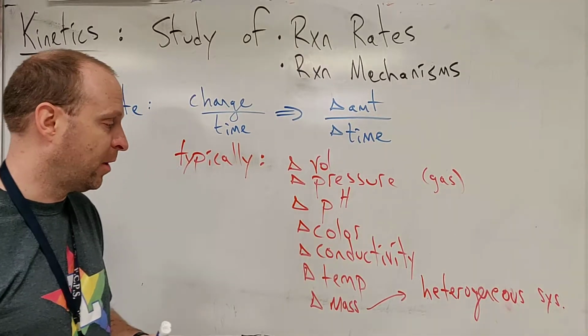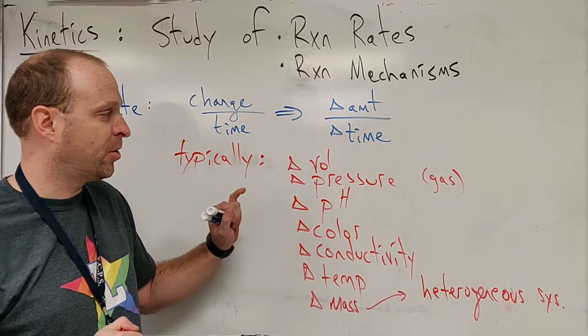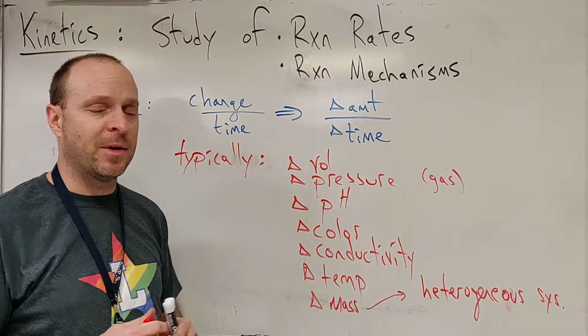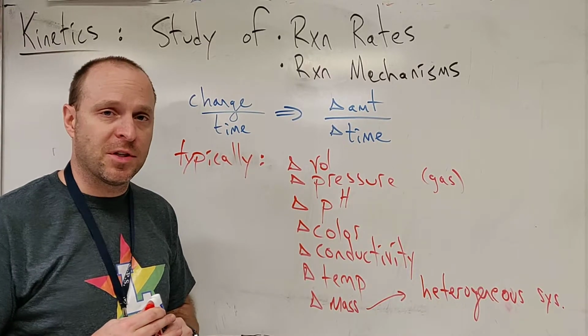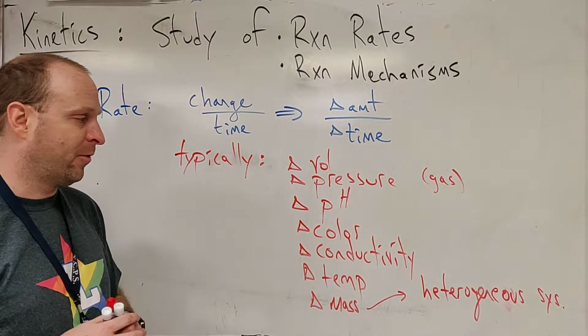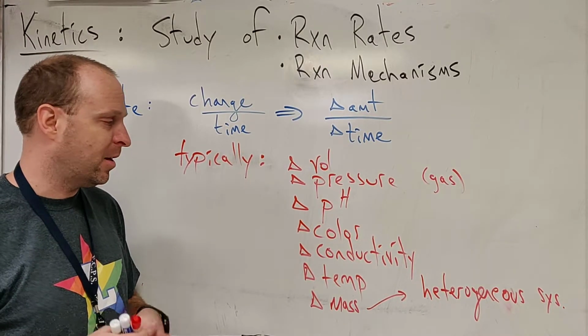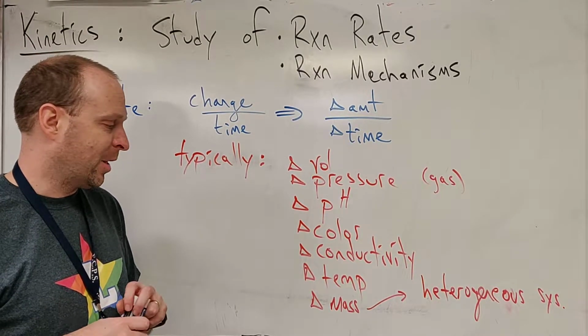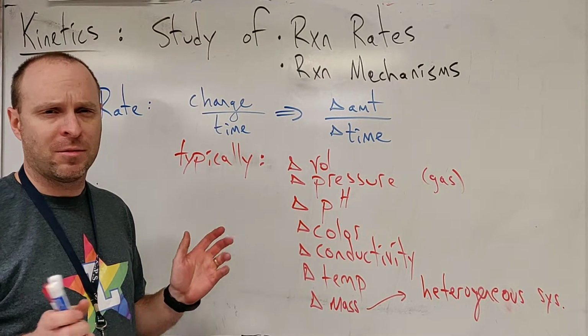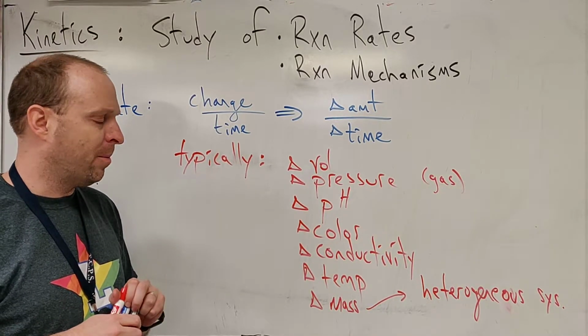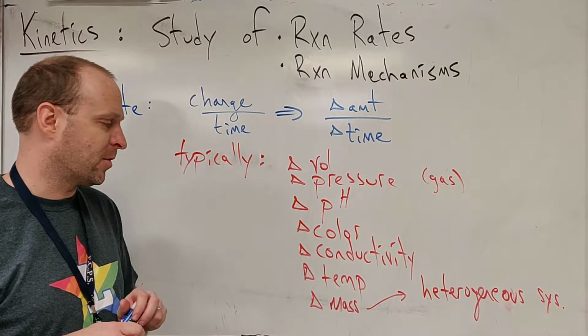For instance, with a decomposition reaction of calcium carbonate, you could measure a mass change of the solid as it was heated and releasing that gas. That wouldn't be a big deal. Or you could theoretically come up with some way to measure the mass of a precipitate coming out of a solution.